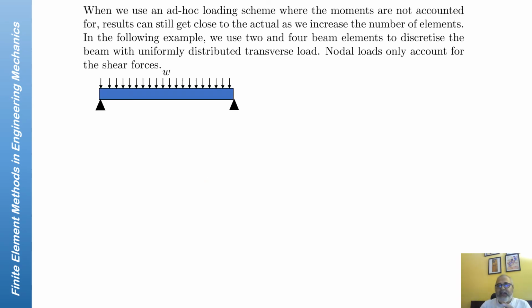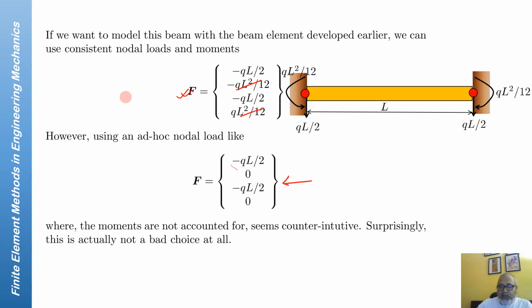So let us say I am modeling this problem where I have a load of W applied uniformly across the beam. Now, if I use two elements to solve this, I have a node here, so this is my first element, and a second element. So what I will do is an ad hoc apportioning of the loads in this manner.